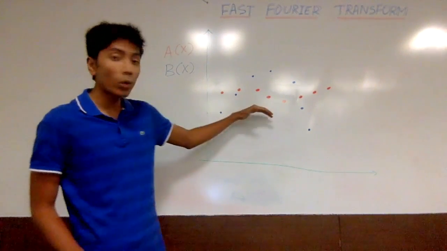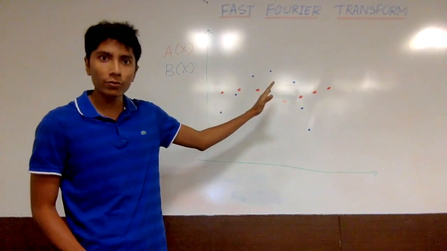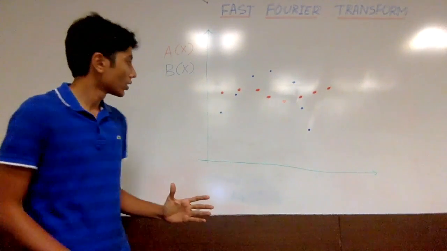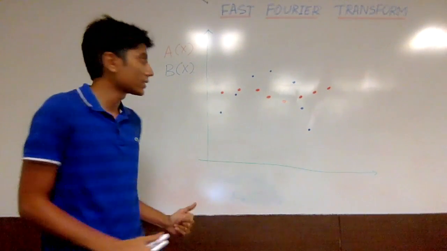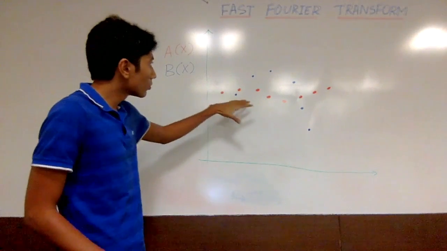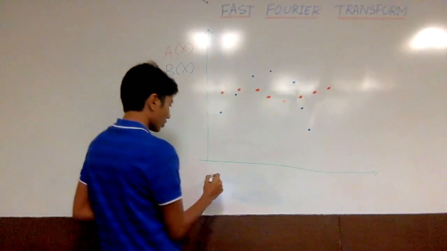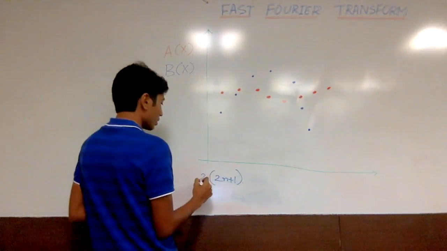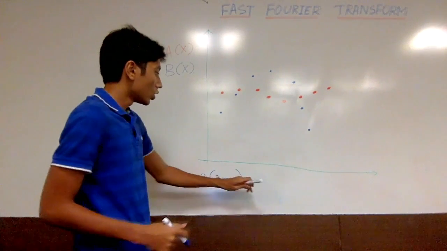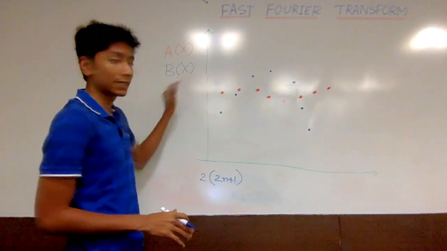We know that we need 2n plus 1 points for both a and b to be plotted on this graph, and then we'll get our c of x. But if you choose any random 2n plus 1 points, then computing those points will be difficult, because for every point, that is 2n plus 1 points for both a and b, so that is into 2 over here, you need to compute the value of a and b at that x.